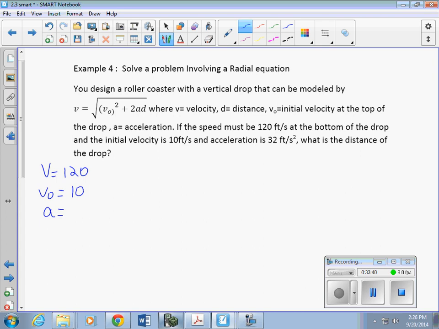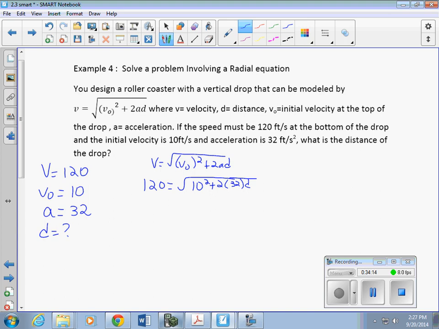Acceleration was 32 feet per second, but we don't know the distance. So if you put this into the formula that they've given you, v is equal to, we have 120 is equal to the square root of 10 squared plus 2 times 32 times d.